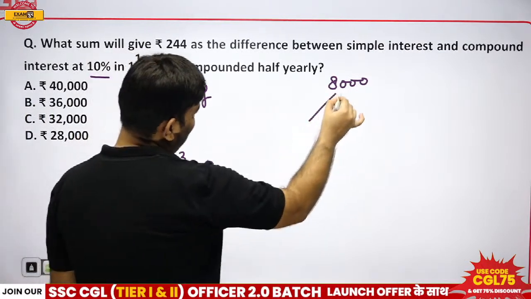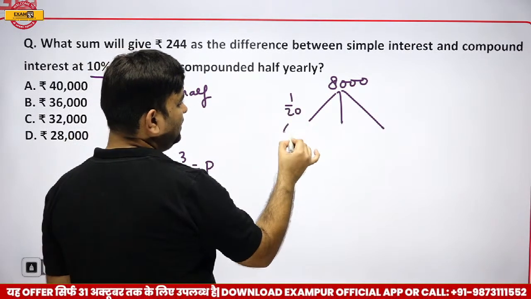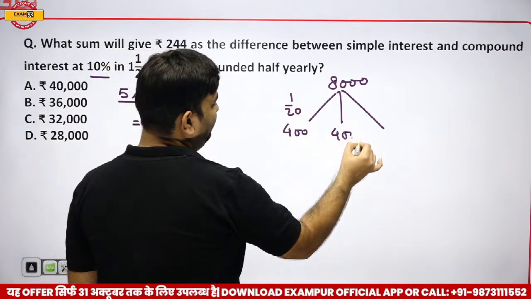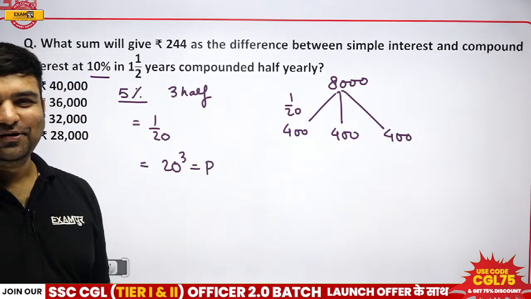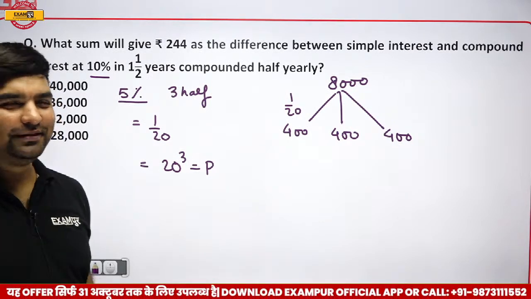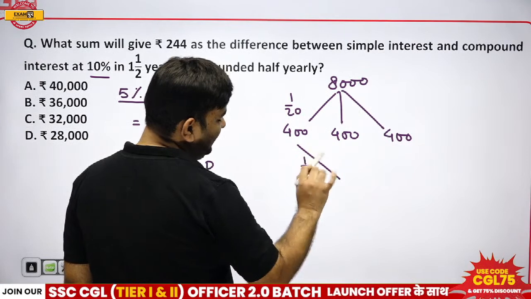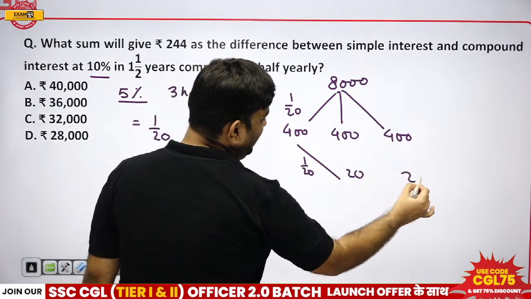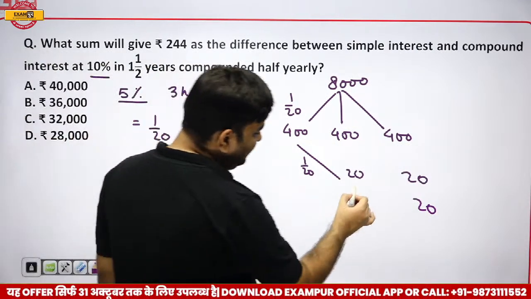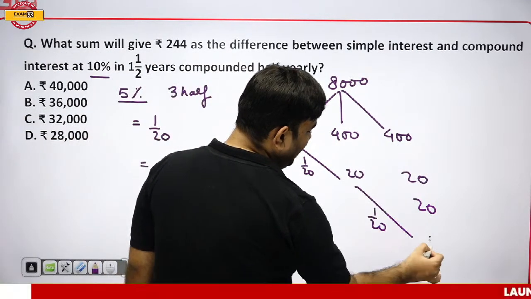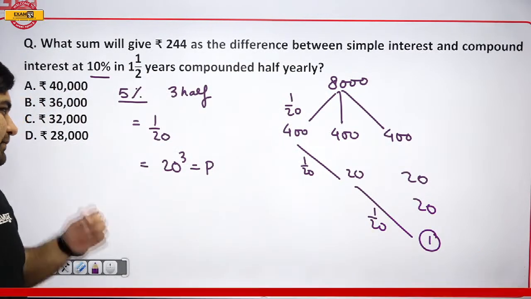So make the tree. 5% means 1 by 20. 400, 400, 400 are the 3 simple interests. Then 1 by 20, 3 times it will also come. 20, 20, 20 are the 3 A factors. Then 1 time the B factor, which is 1.